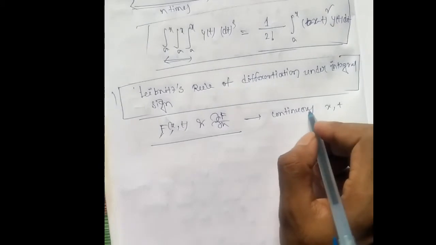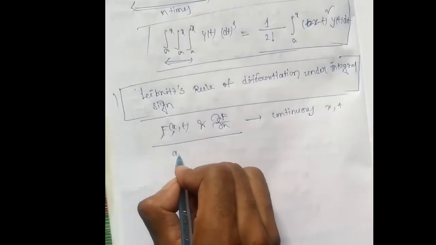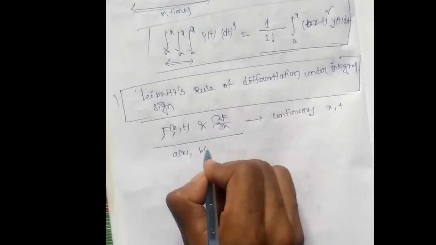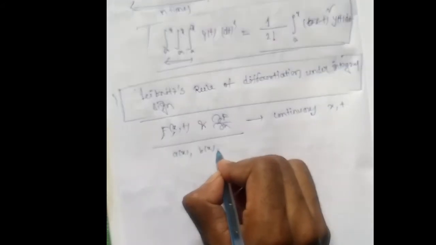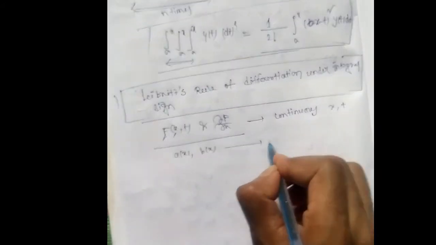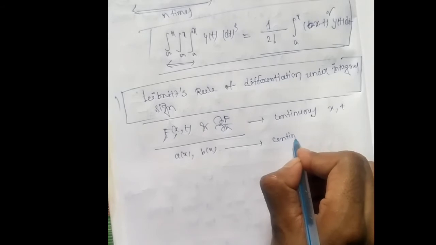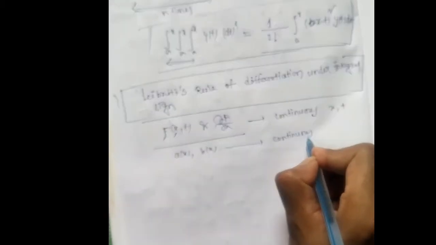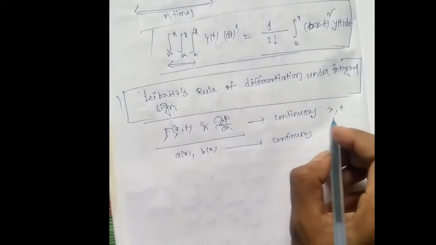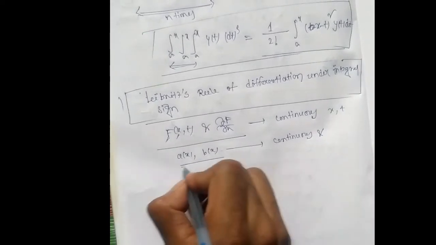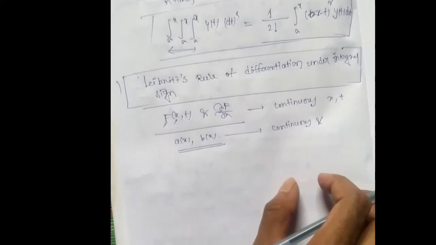And suppose a(x) and b(x) are both continuous, and their first derivatives are also continuous.